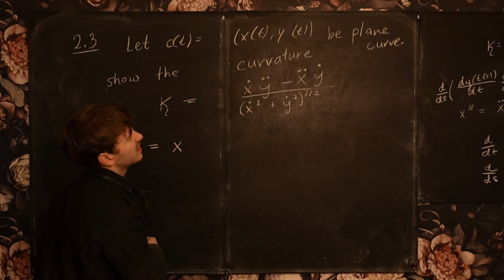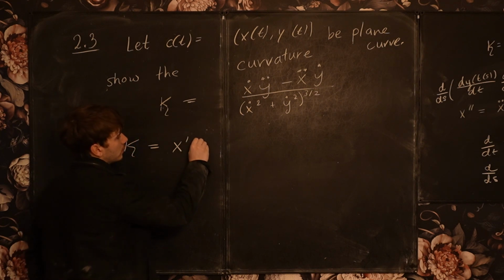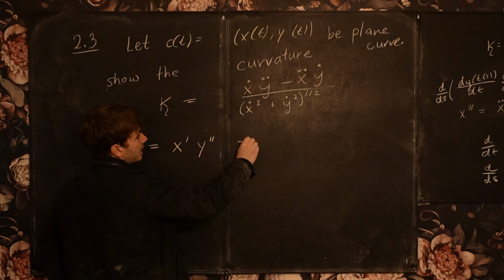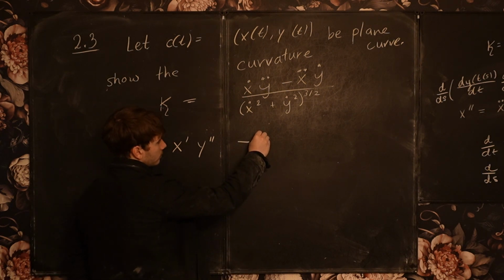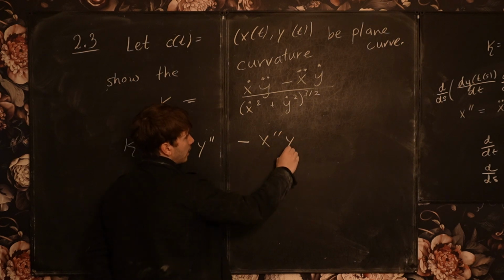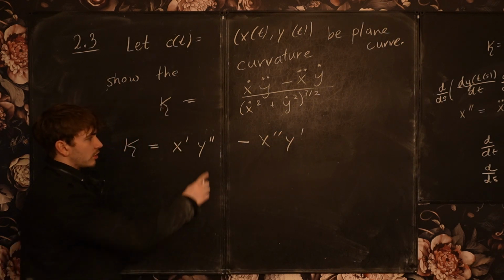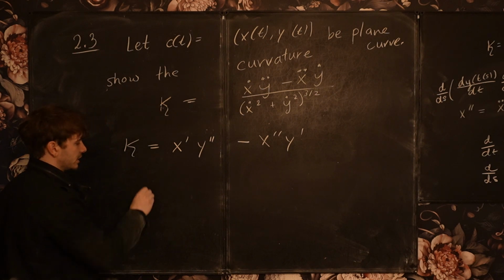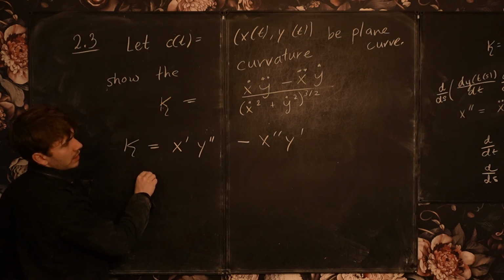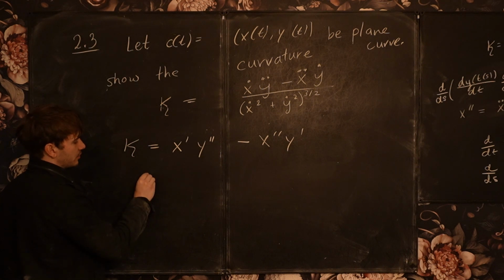Let's see. Yeah, x prime y double prime minus x double prime y prime. And now these primes are derivatives with respect to s, the arc length parameterization. And so then let's calculate y double prime real quick.